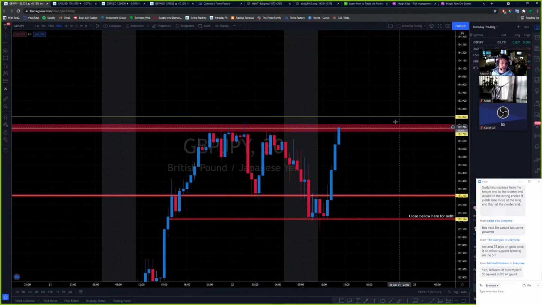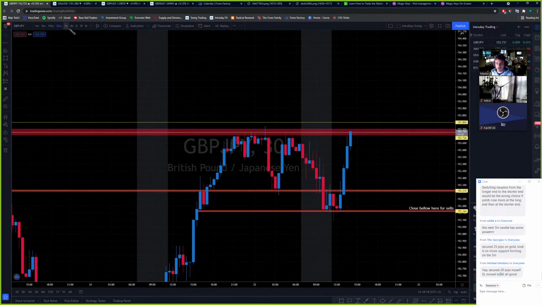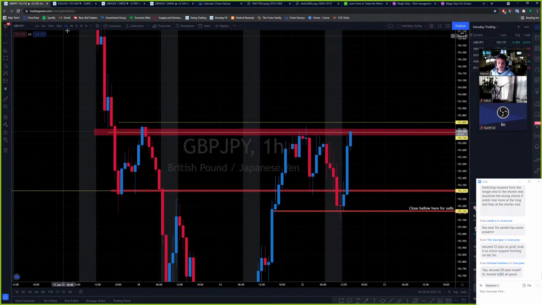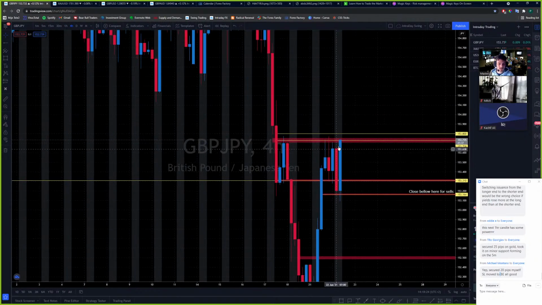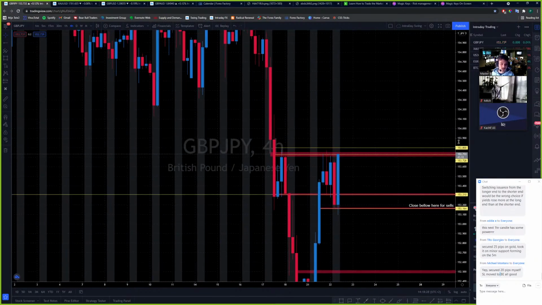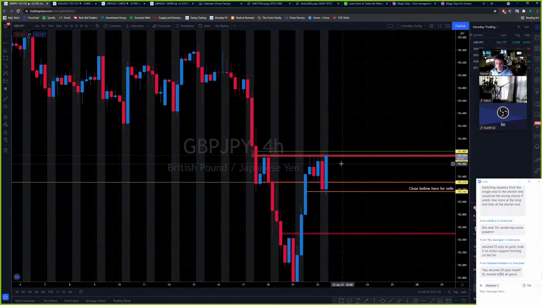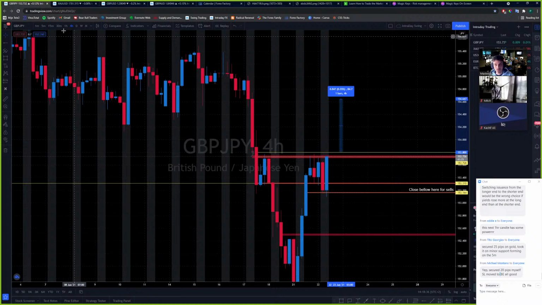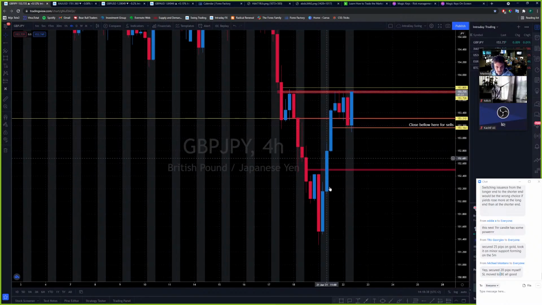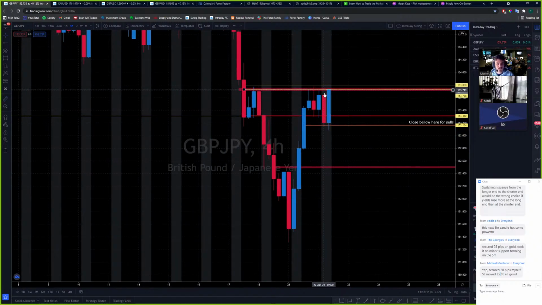I think if you get a good, solid hourly close, because this hourly close is also going to close the 4 hour. So my initial plan is to wait for the 4 hour to close above, because then I know that the NYSE and London close volume are just going to push up, like it did yesterday. New York closed above the resistance, and then London closed, NYSE volume continued upwards.